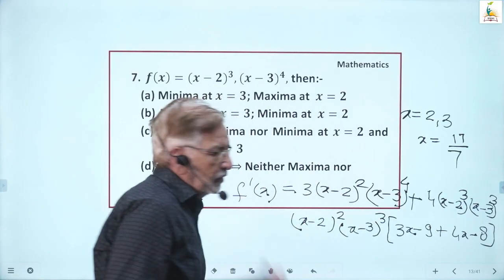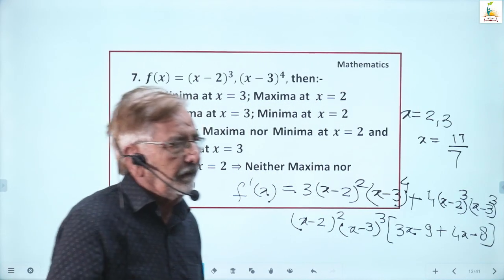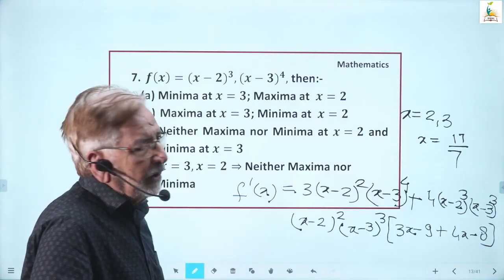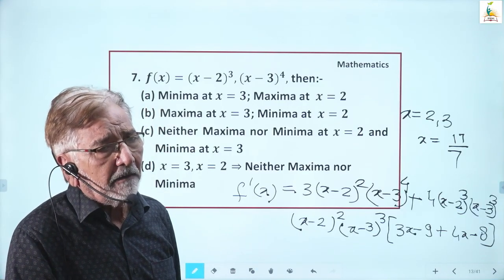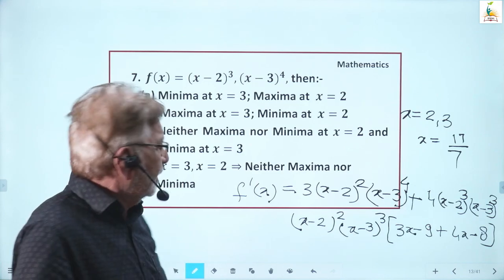Now let us see about x minus 2. It is (x minus 2) whole square. So naturally, it will not change sign in left of 2 and right of 2 because this is whole square.